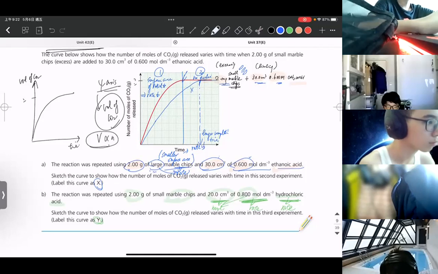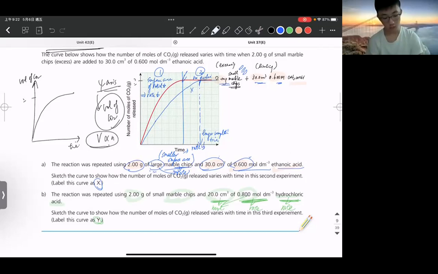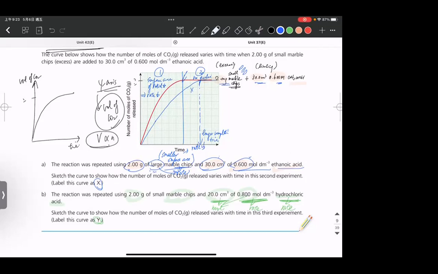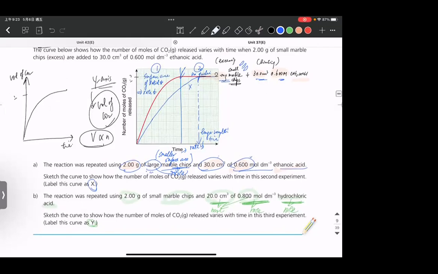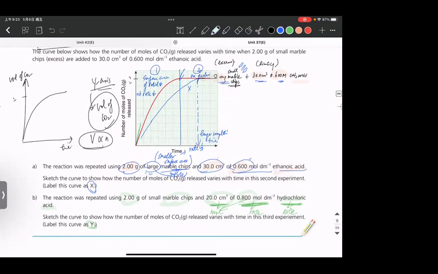Zhao Zheng. It should be steeper than the red one. Yep. Why? Because the strength of the acid is stronger. It's a strong acid, and then the concentration of the acid is higher.